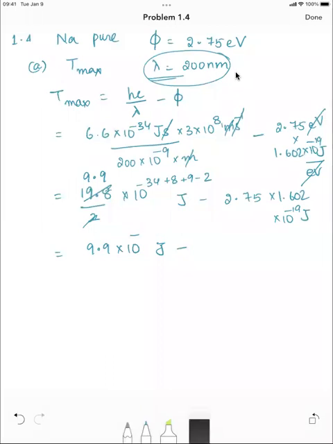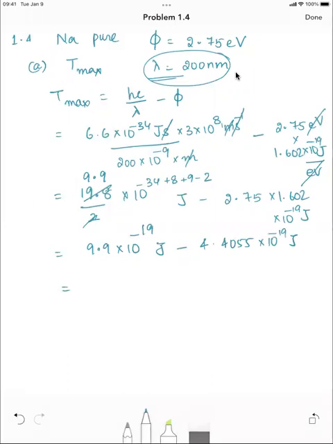Sorry, this is not going to be 48, that's going to be negative 19. My bad. Okay, that minus 2.75 times 1.602 is going to be 4.4055 times 10 to the negative 19 joules.